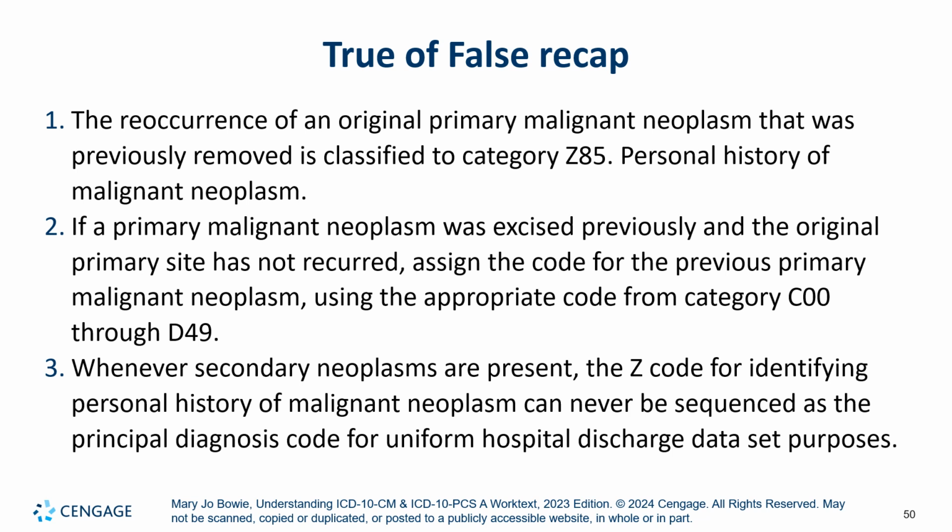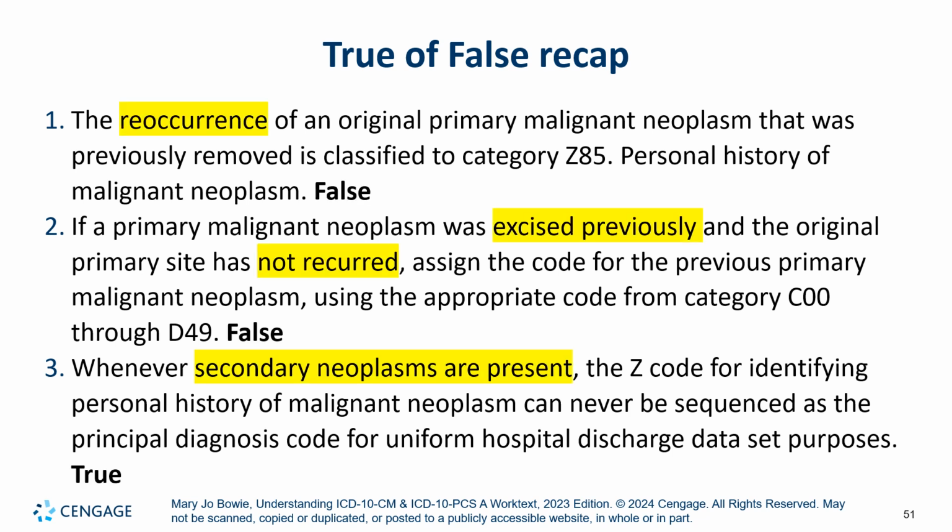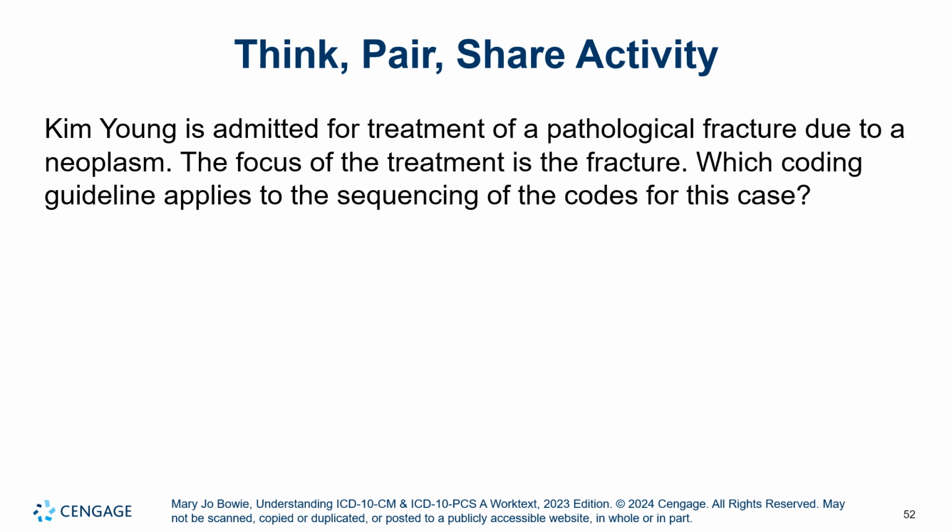It would never be the Z code, because that's just identifying that the person has a history of a malignant neoplasm. That would never be the reason why a patient would come in, especially when you have an active secondary neoplasm. So that's kind of what I just went over and the reasons why, highlighted there.